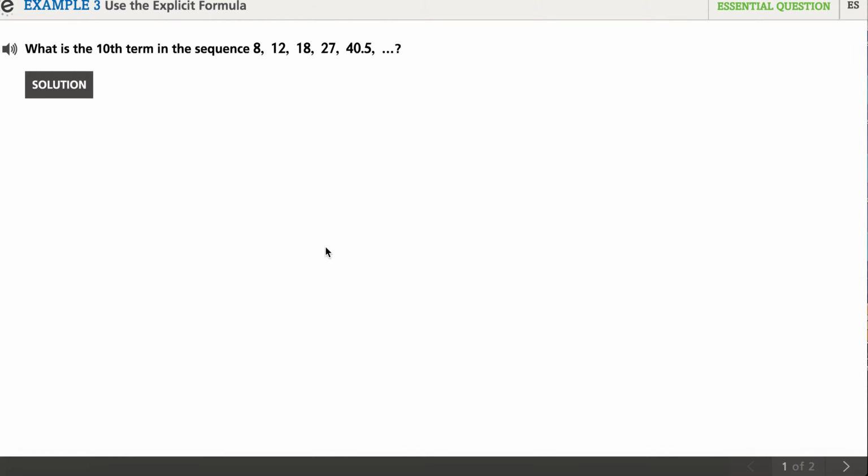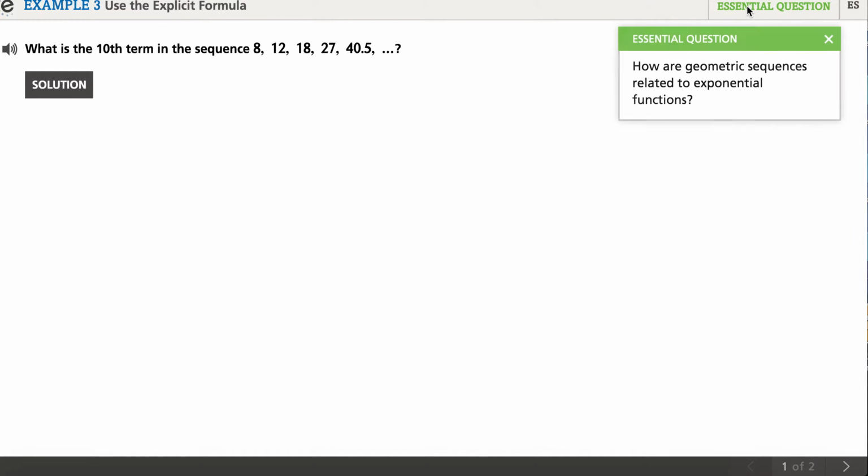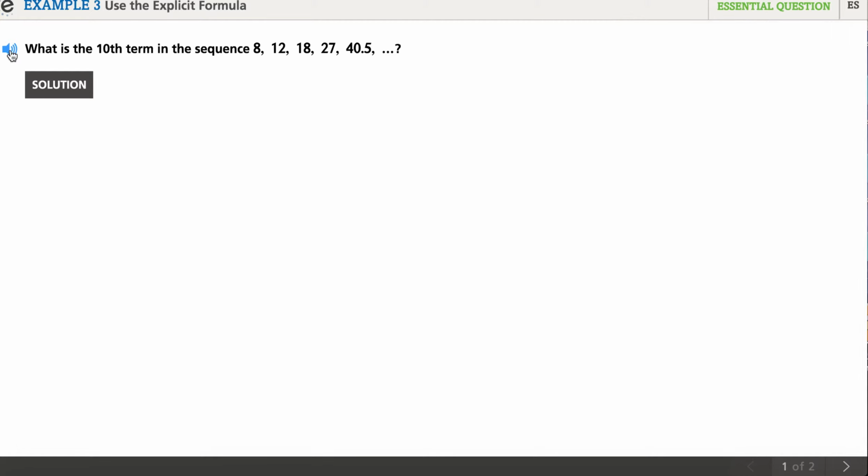As we said before, the essential question for that was how are geometric sequences related to exponential functions? It says here, what is the 10th term in the sequence 8, 12, 18, 27, 40.5, and so on? Remember, we did plenty of class work on this skill.